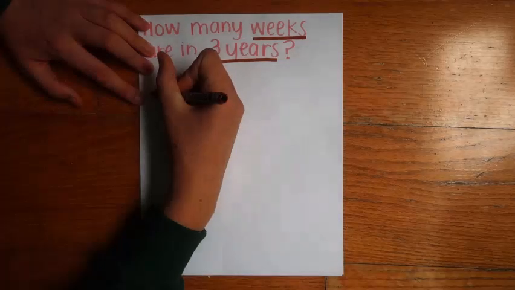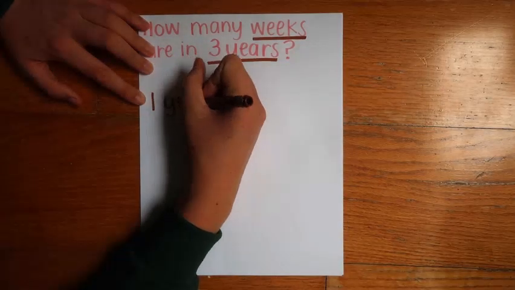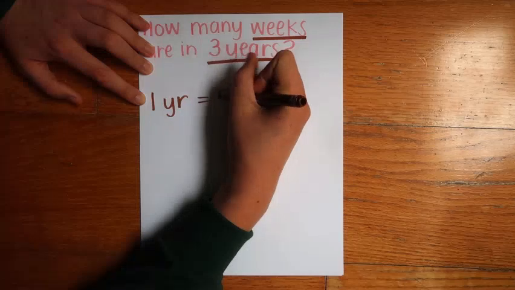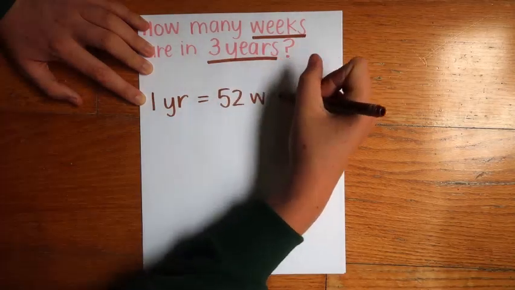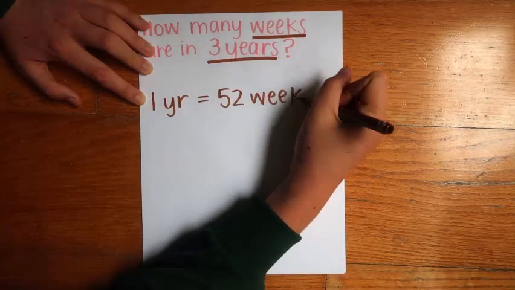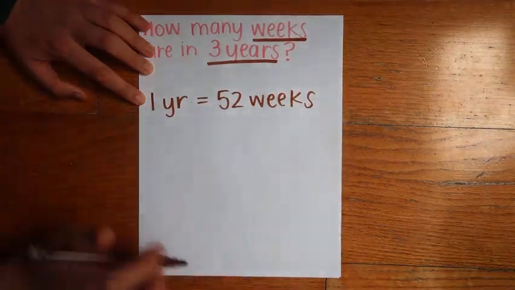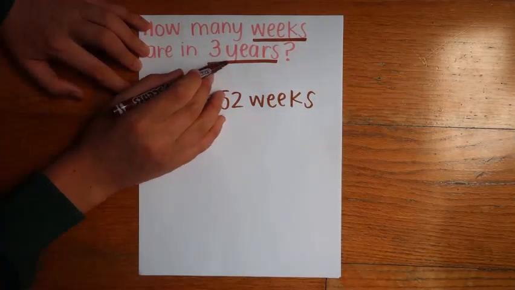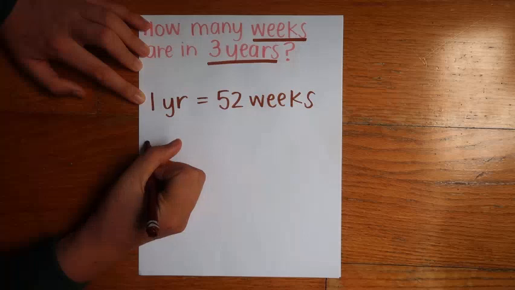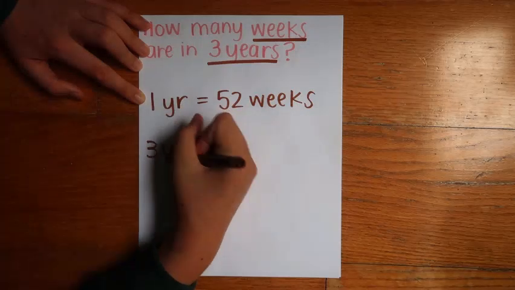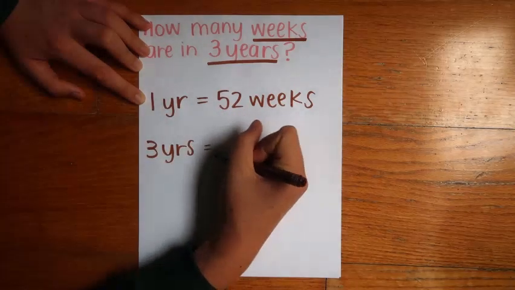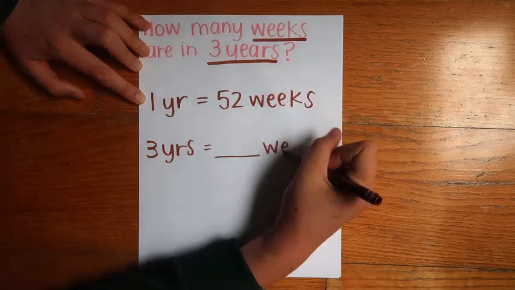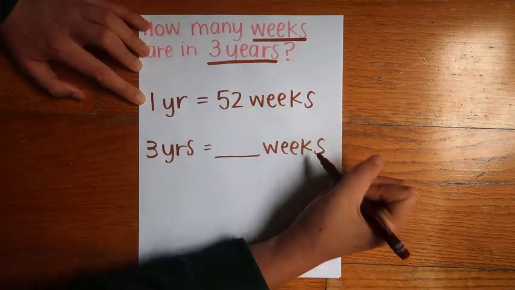So 1 year, YR, equals 52 weeks. And in this problem, I need 3 years equals blank weeks. 3 years equals some amount of weeks.